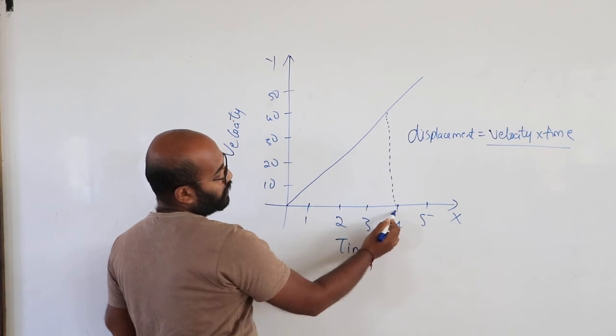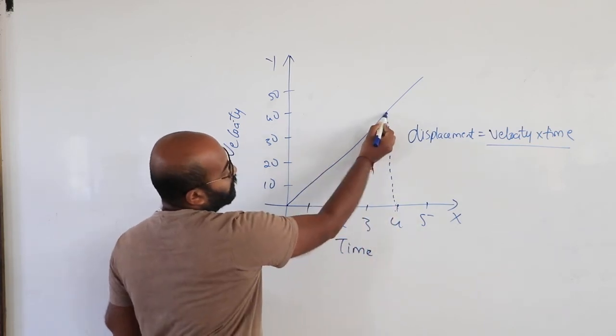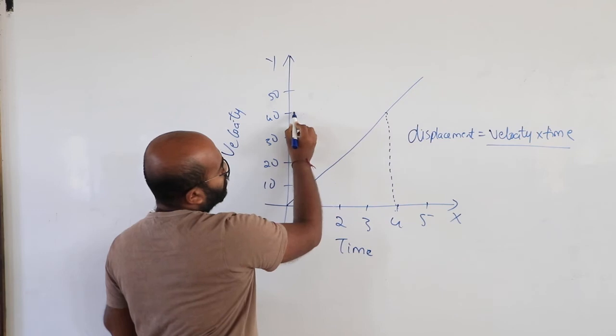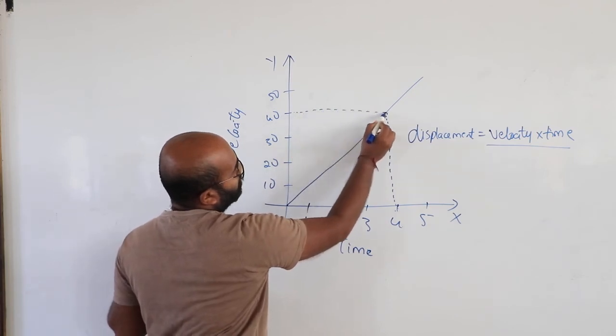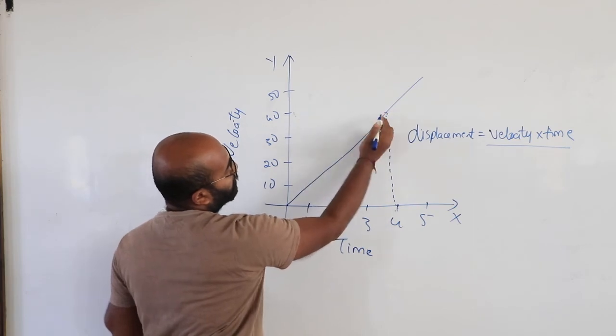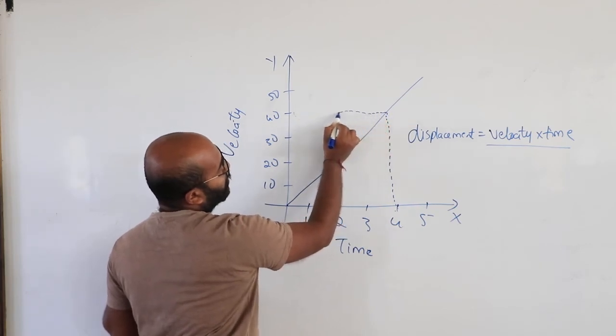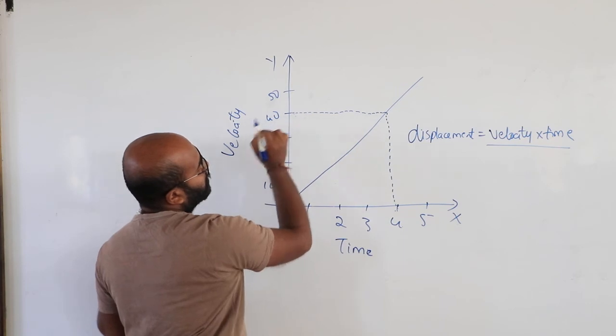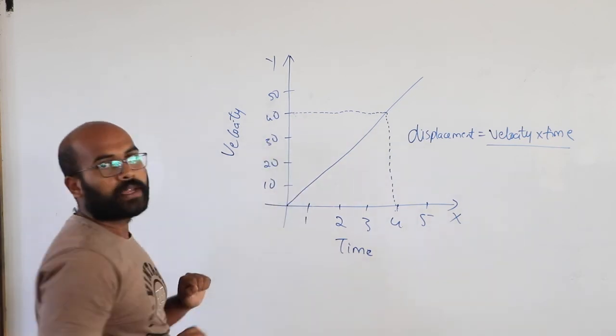For the velocity, from this point draw a dotted line. If you draw a dotted line, this corresponds to 40.